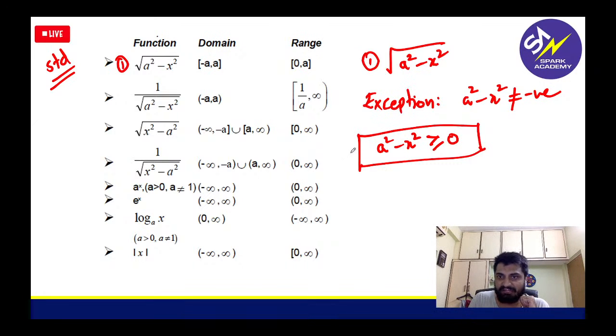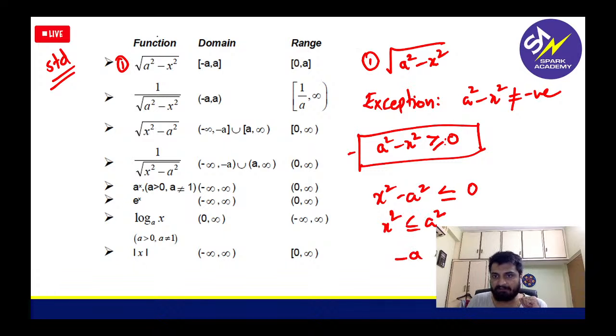You can give negative on both sides. If you give negative, I can write x square minus a square will be less than or equal to 0. So I will get x square less than or equal to a square. So I will get minus a and a. Since less than or equal to is there, I will be writing a square bracket. Remember, we write a square bracket when both the values are included.